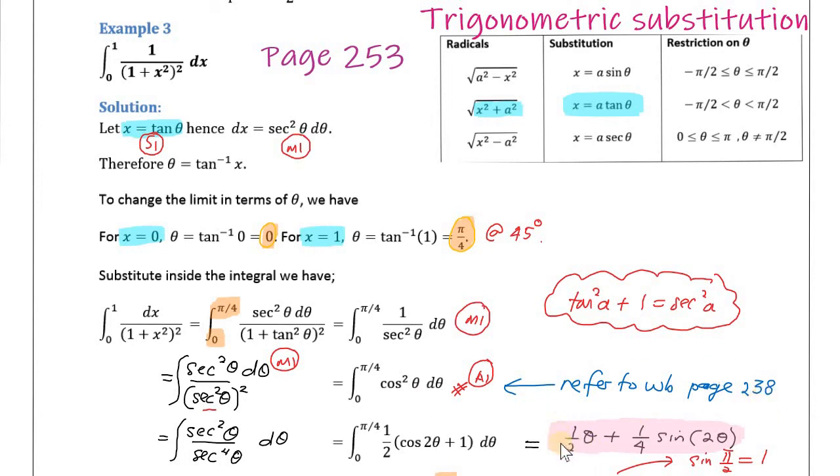Our variable there was x, so let's change it into theta. So half theta plus 1 on 4 sine 2 theta. So we got the answer given in our workbook, and we have done it earlier. How to get to that?